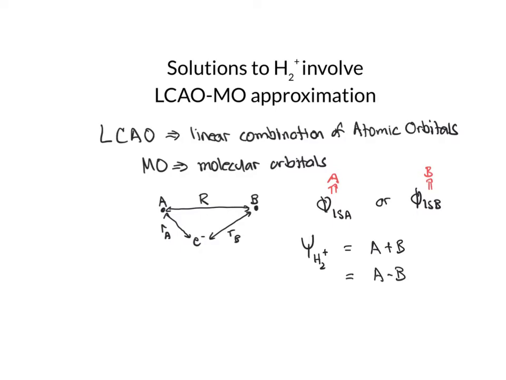Now remember that the probability of finding the electron at some point r theta phi is going to be psi star psi d tau. And since our wave functions are linear combinations, let's take a look at what that probability would look like for the linear combination where we've added the two wave functions. We'll call this one P sub plus to remind ourselves that this is the one where we've added the two wave functions.